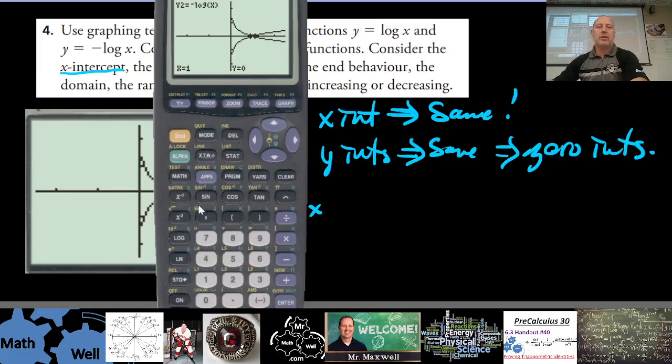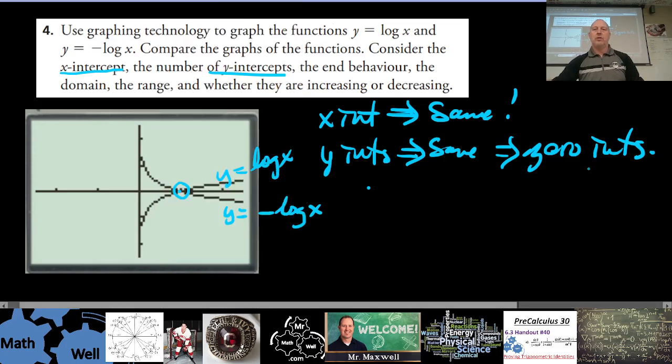So again, you could do second function trace on this calculator, gets you to the calculate menu. Just hit enter for plugging in an x value. And you can plug in 0, and it'll say undefined. There's no y value. So for both graphs, same thing. There are no intercepts, or none.